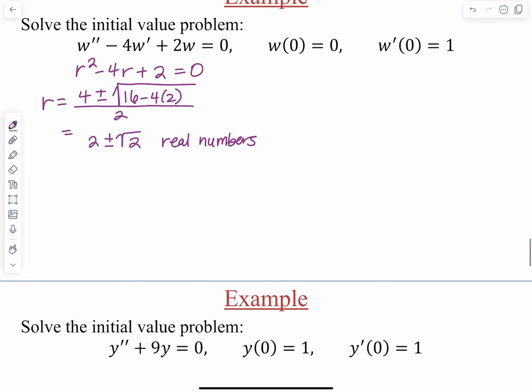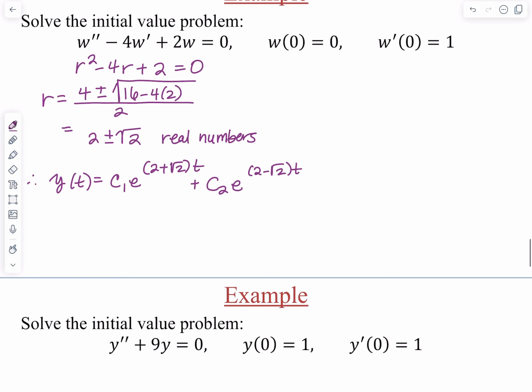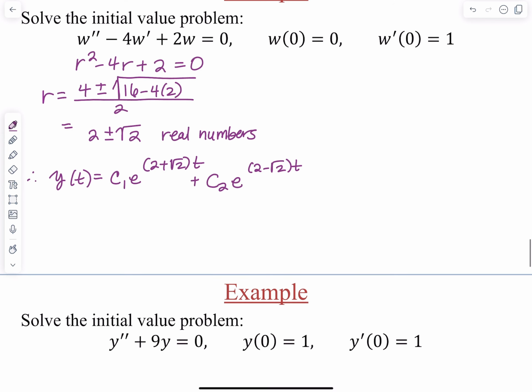So we can go ahead and write our solution as y of t equal to c1 multiplied by e to the 2 plus root 2 t plus c2 e to the 2 minus root 2 t. And of course, we have our arbitrary constants c1 and c2.